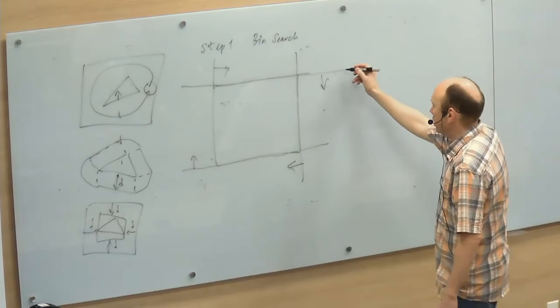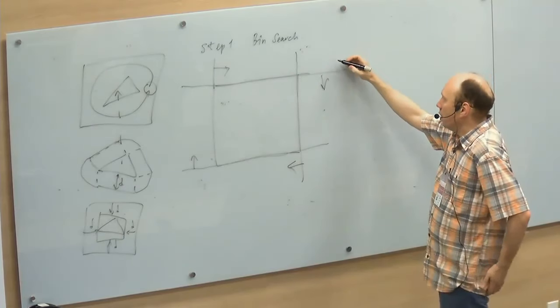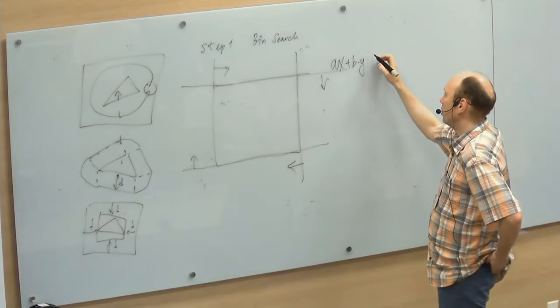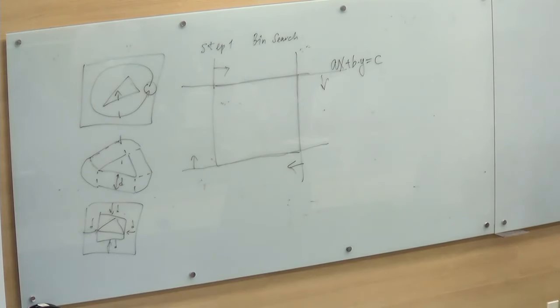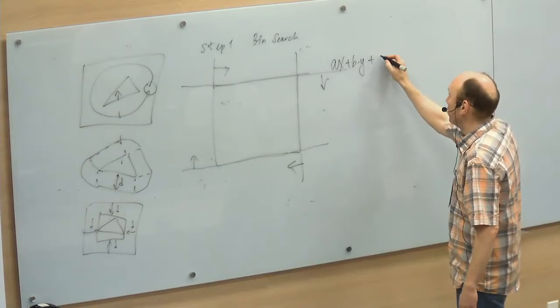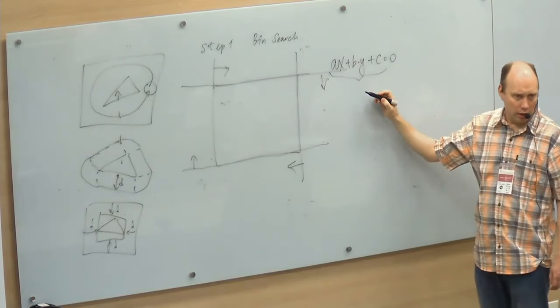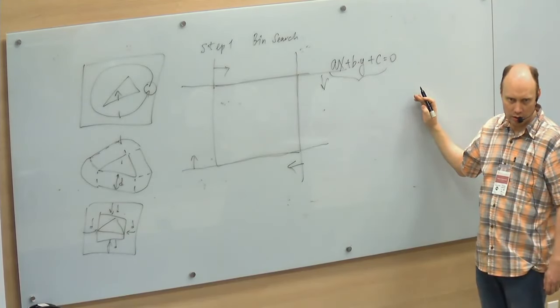Take this line, for example, its equation is a times x plus b times y plus c equals 0. So the points on one side and on the other side differ by the sign of this part. 0 is on the line, positive is on one side, negative is on the other side.